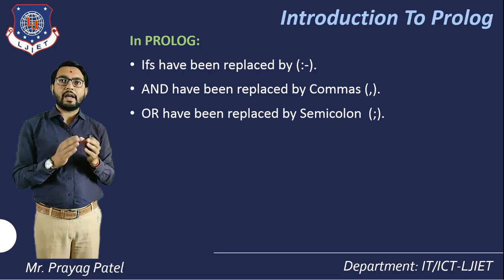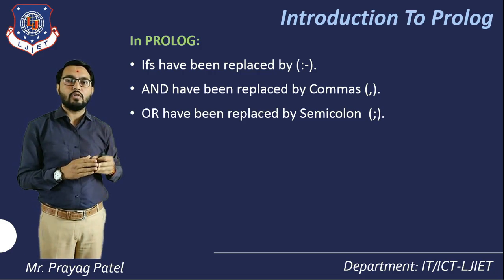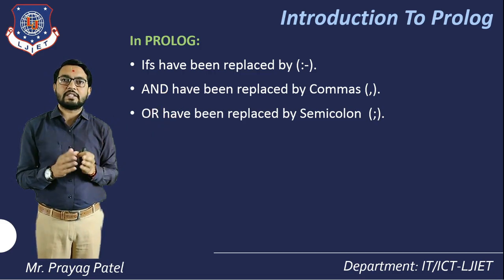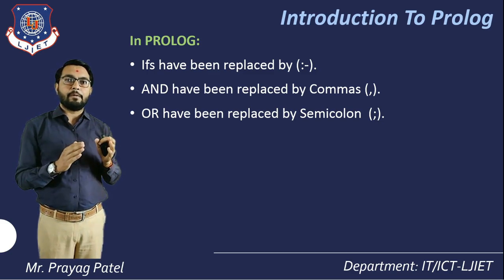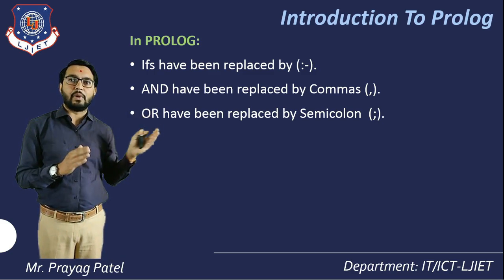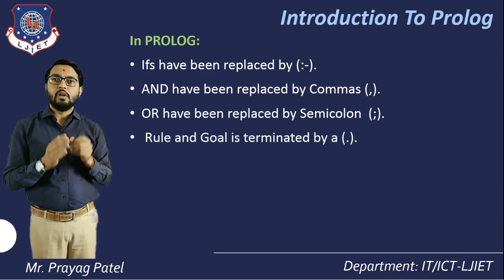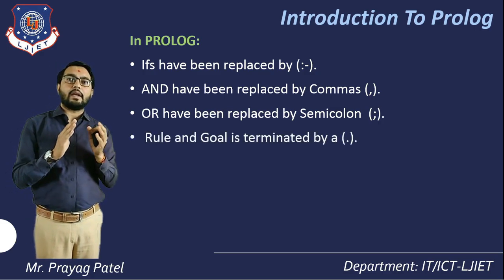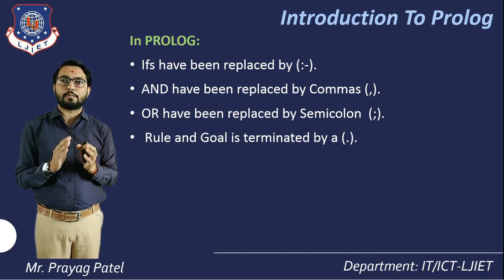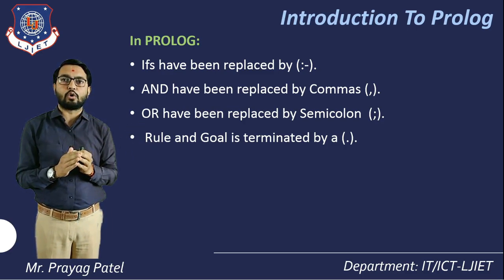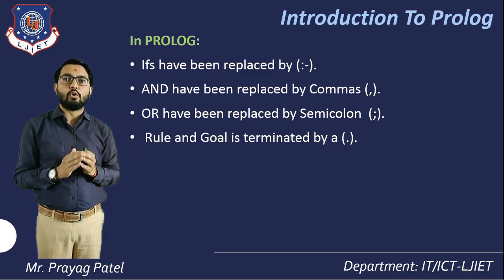Third, or has been replaced by the semicolon. So if we write a semicolon in a program, that means OR operation. If we write a comma, that means AND operation. A rule and a goal are terminated by a full stop.